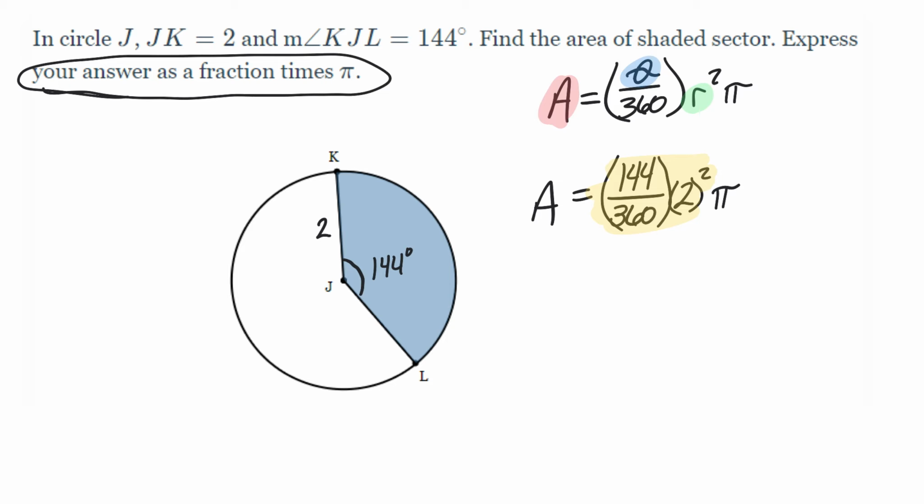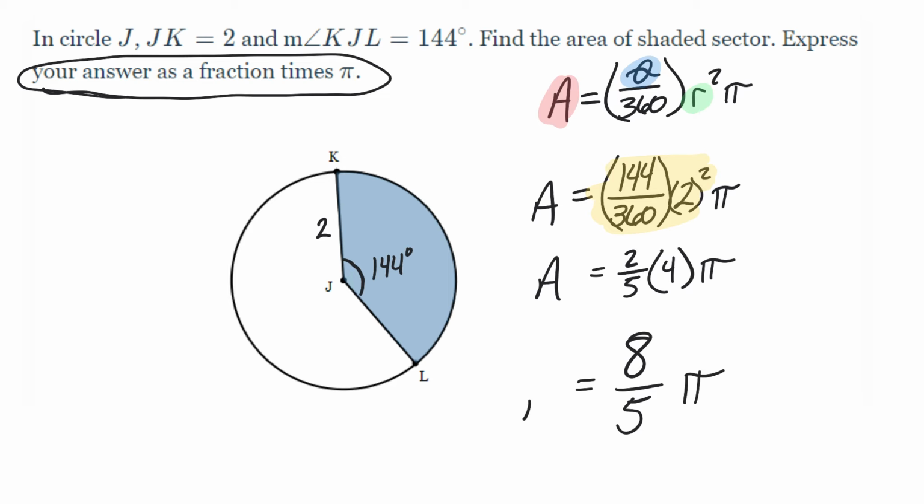So what we don't know actually, is this actually reduces to 2/5. 144 over 360 is 2/5, and 2 squared is 4. So our area is this, and 4 times 2 is 8 over 5 pi.